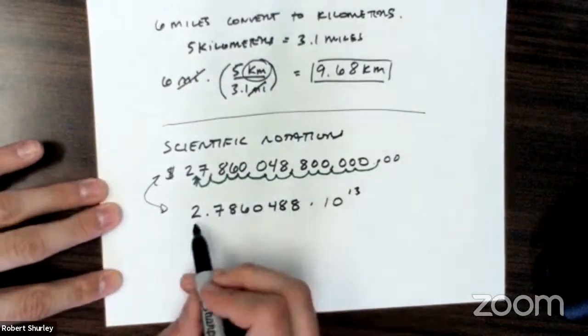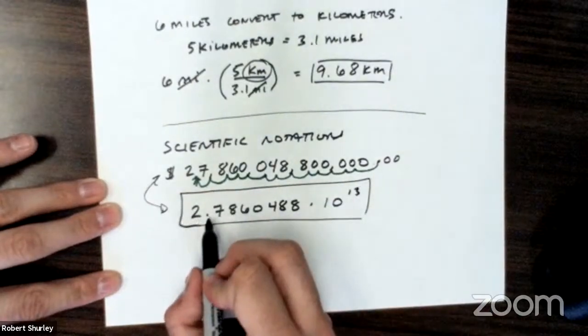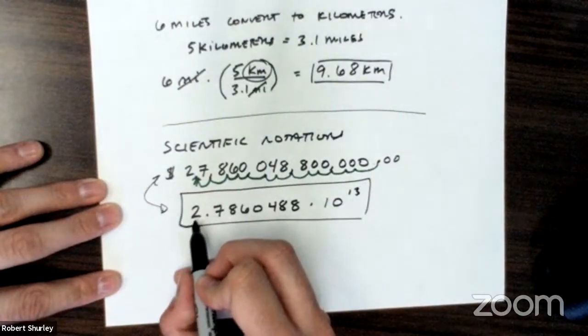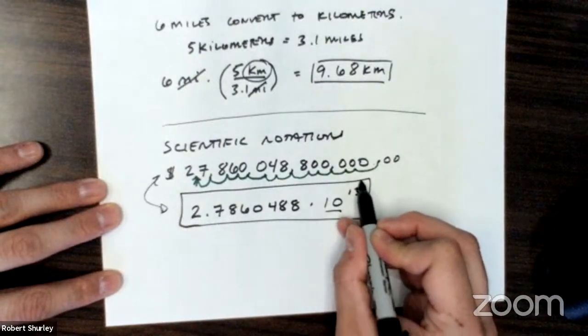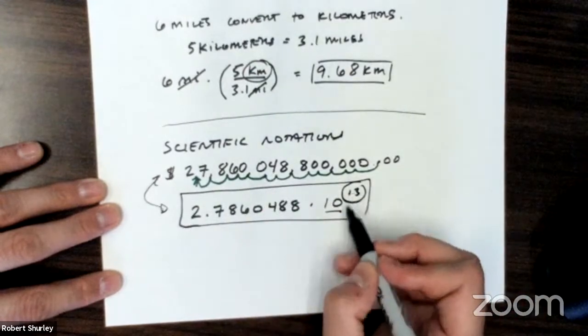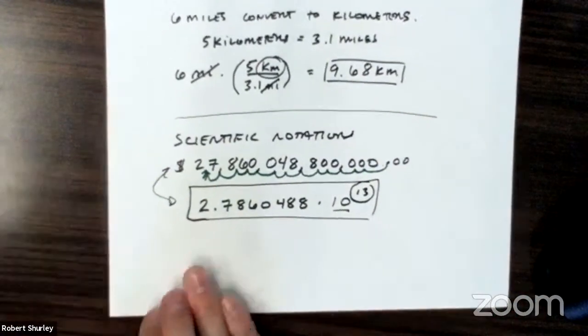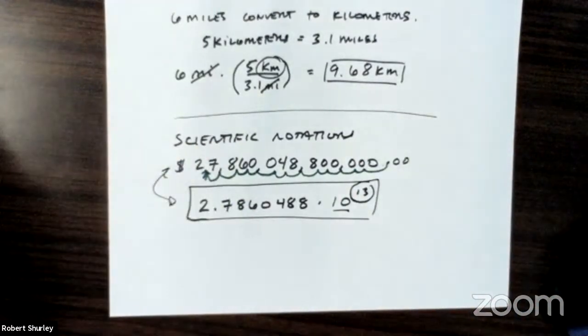But this is scientific notation, okay? You always have one number to the left of the decimal, and you're always multiplying by a 10 raised to a power. Now, if you need this number to be bigger, it's going to be a positive 13. If it's smaller, it's negative. We'll do one of those here in a minute.